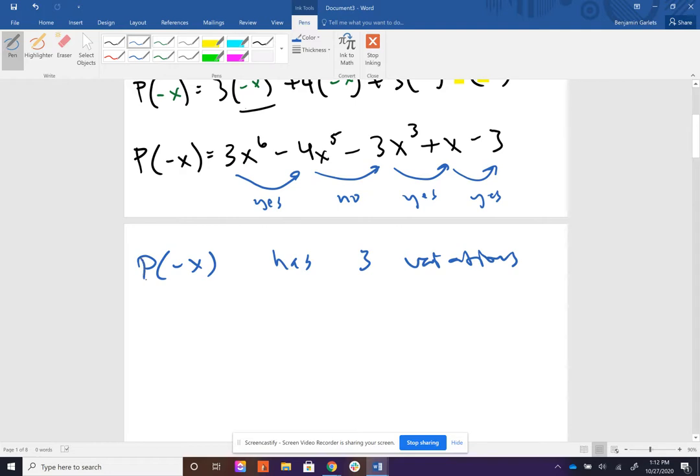Therefore, p of x has either 3 or, remembering it goes down by an even amount, 1 negative roots, based on Descartes' rule of signs.